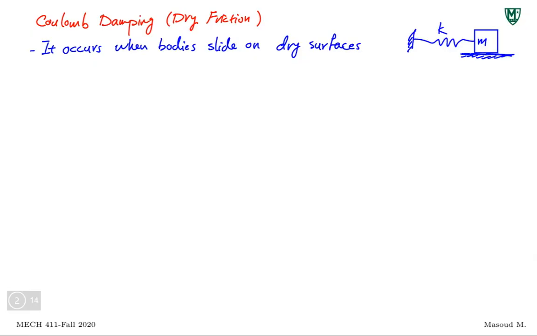Now, in order to get the equation of motion for this system, what they do is divide this motion into two cases. The equation of motion you get changes. So it's not like before, where you get one equation of motion and you're good to go and you solve that.